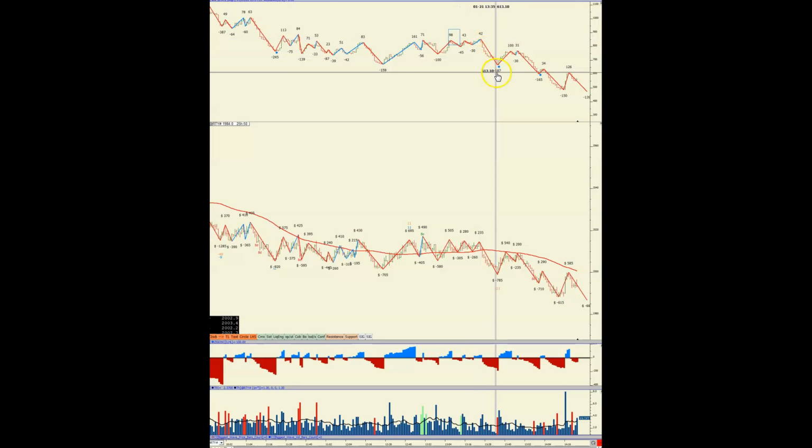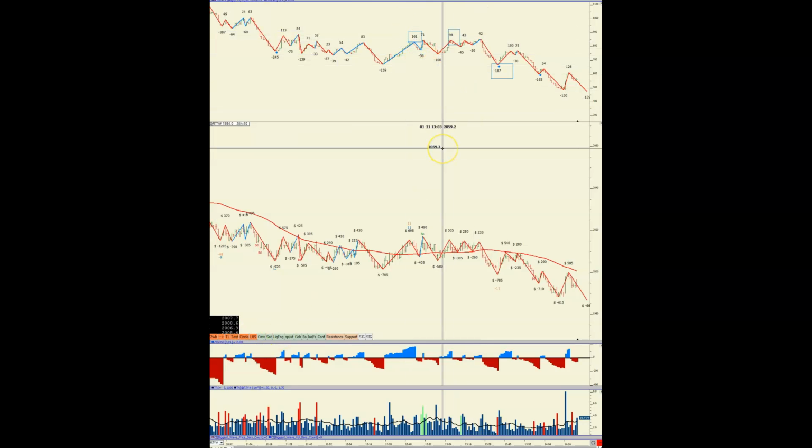And the break happens right here. 187 declined. Notice how that decline is bigger than this advance. Notice also that the prior advance before it was only 42. So my take on it is the downtrend is resuming.